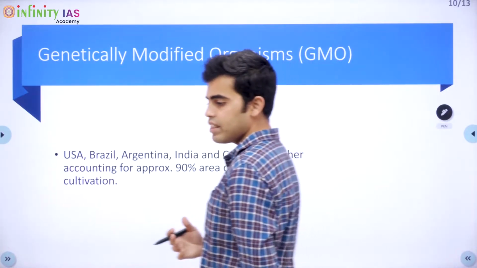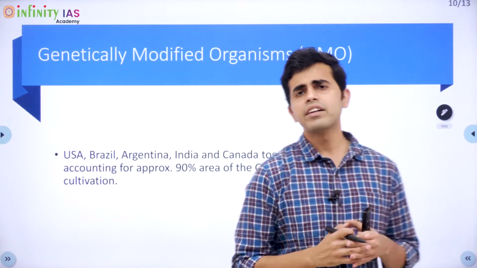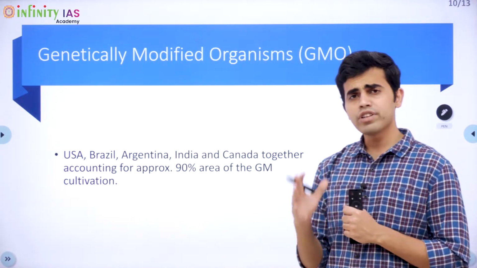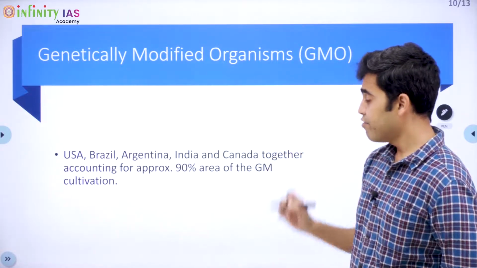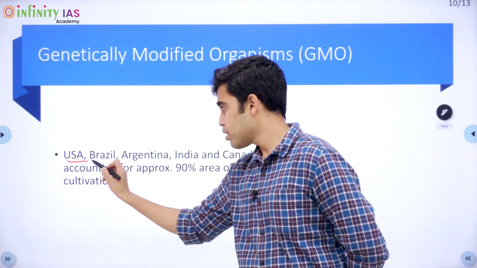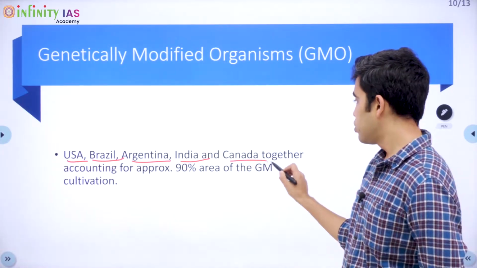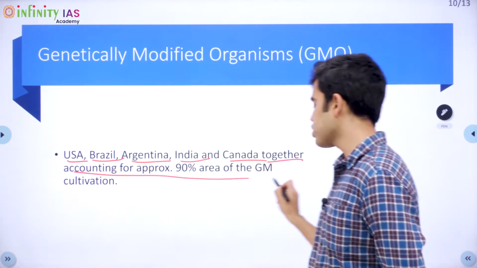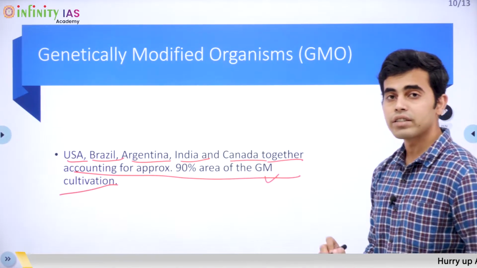So we have seen that genetically modified organisms are very tightly regulated and only one crop is available for commercial cultivation. But USA, Brazil, Argentina, India and Canada together account for approximately 90% of the area of GM cultivation.